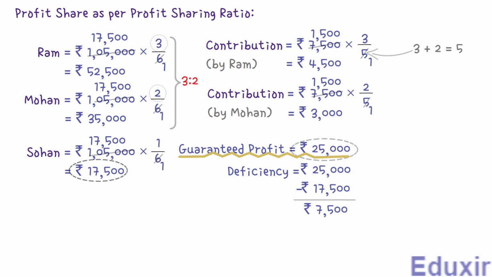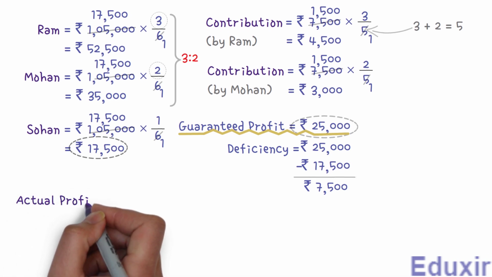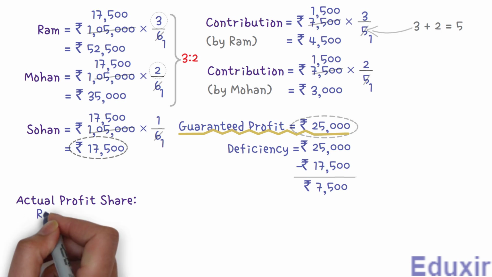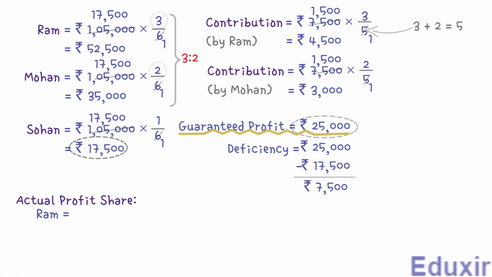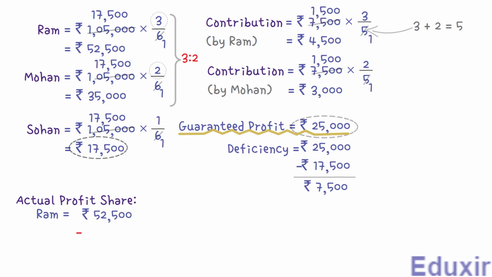Considering these contributions, let us now find how much is the actual profit share of each of the partners. Now, the actual profit share of the partner Ram is equal to his share of profit as per the profit sharing ratio, which is 52,500 rupees minus his contribution to the partner Sohan's profit share deficiency, which is equal to 4,500 rupees.